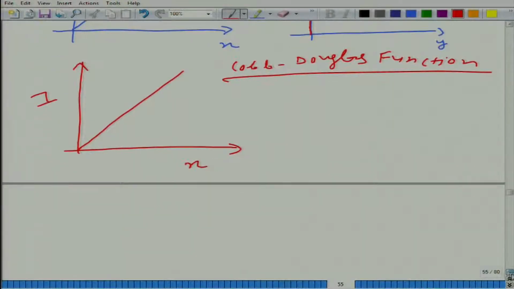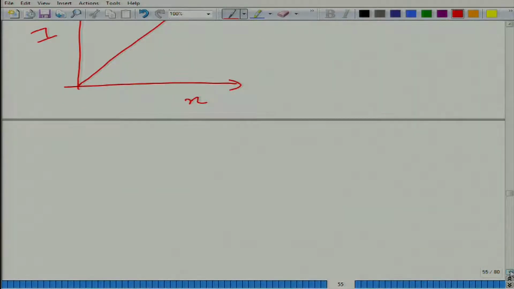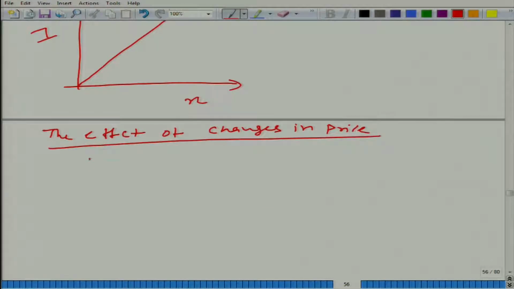Now, let us move to the second step, the effect of changes in price. Let me draw some indifference curve.